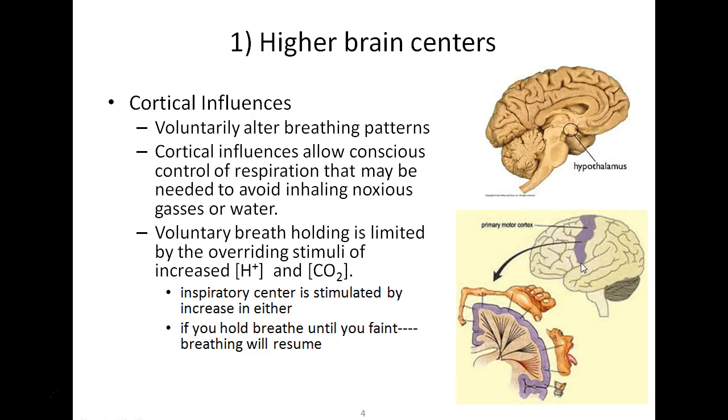Students from the last semester might remember that this primary motor cortex is going to innervate skeletal muscle. So that means the cortex of the human brain has conscious control of respiration, and that may be needed if we want to avoid inhaling any noxious gases or possibly any water.